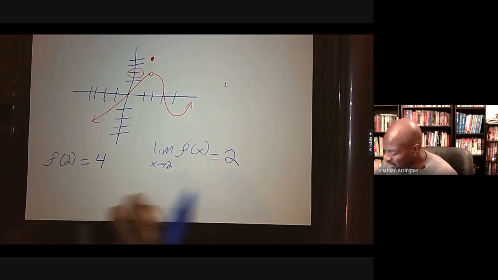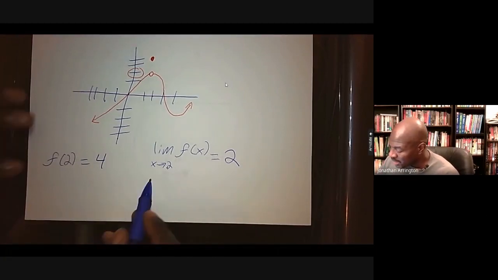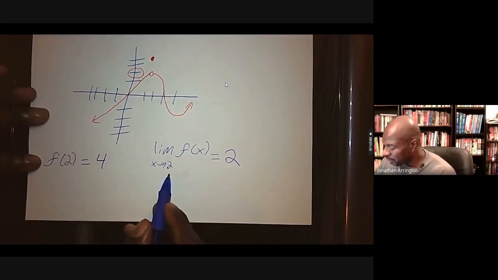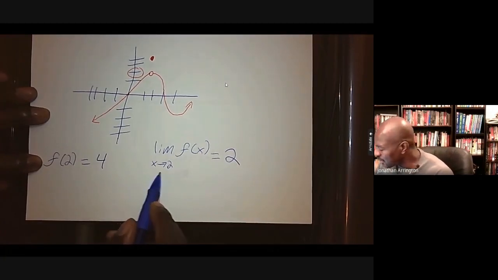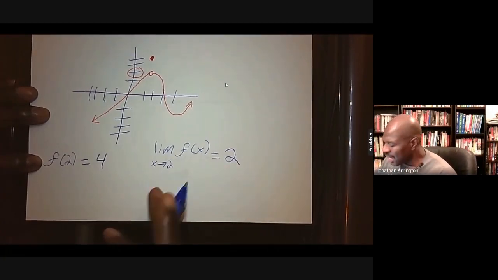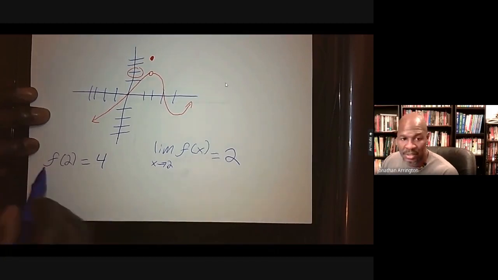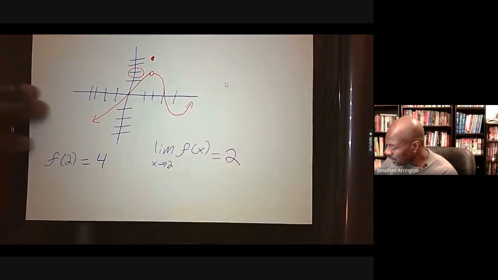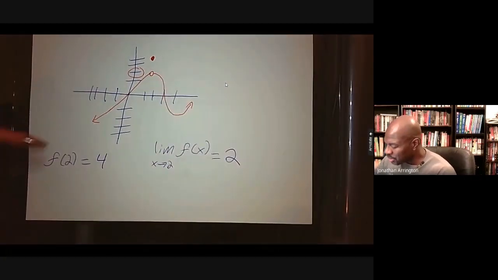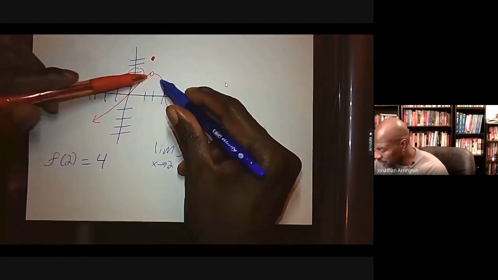When we say the limit, we talk about the value as x approaches 2. I'm looking at the y value the function gets close to as x is getting closer and closer to 2, not necessarily the value at 2. So clearly here the value at 2 is 4, but the value as x approaches 2 is 2.